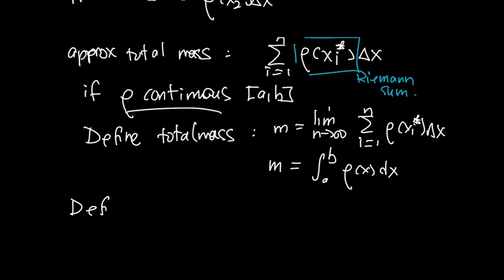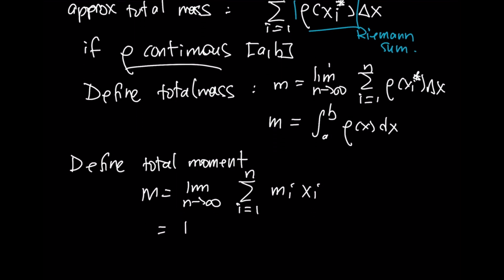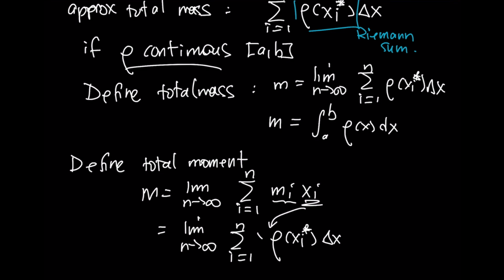Now, at the same time, I can also define the total moment. The total moment is simply going to be the limit as n goes to infinity of the sum of all of those individual moments. I know by my argument above that the mass at this subdivision i is simply going to be rho of xi star delta x, and then I will have this xi living in the front here.